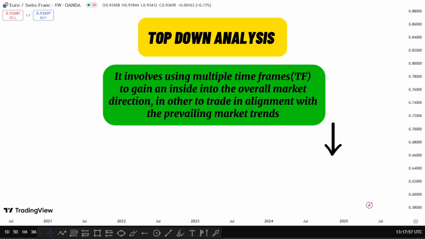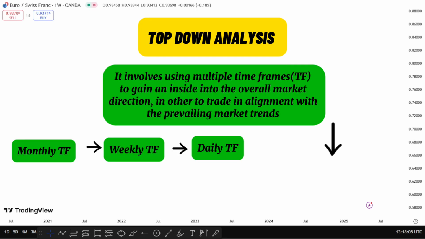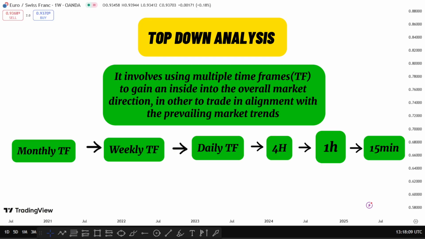For you to do your top-down analysis successfully, you need the monthly time frame, the weekly time frame, the daily time frame, the 4 hours, the 1 hour, and the 15 minutes, depending on the kind of trader you are. If you're a swing trader, you need the weekly, the daily, and so on. But for us day traders, we just need the weekly or the daily, and then the 4 hours, and then the 1 hour and the 15 minutes for entry. Sometimes the 5 minutes, depending on if you intend to scalp the market.